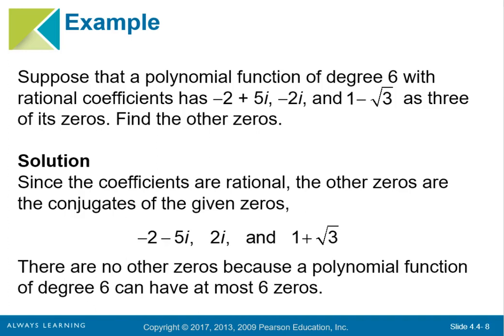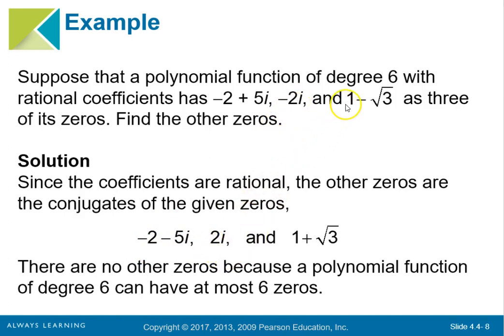Remember, for the conjugate, on the second term, the imaginary part, we have to change the sign. So in this case, 2 plus 5i has a conjugate of 2 minus 5i. All right, for our -2i, we're going to have a 2i.